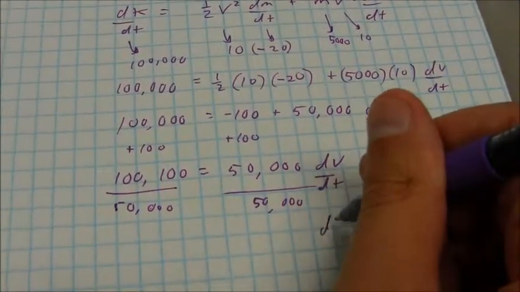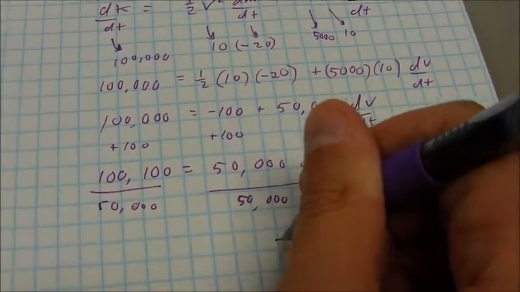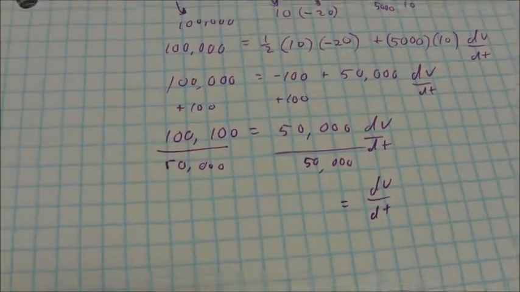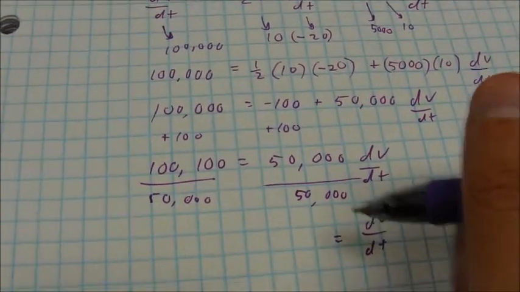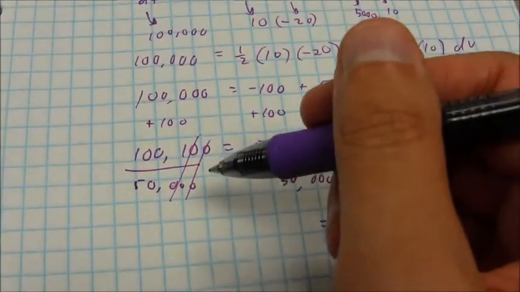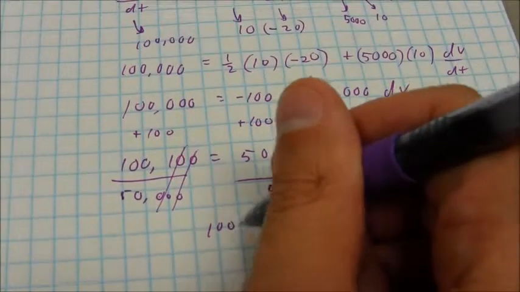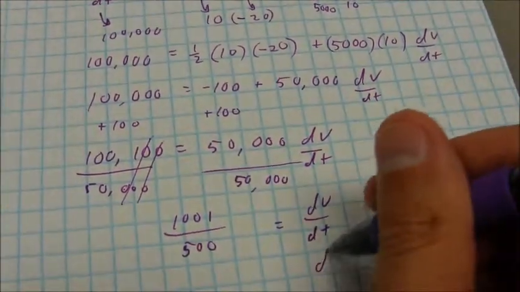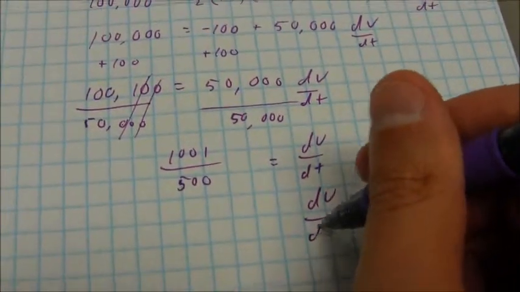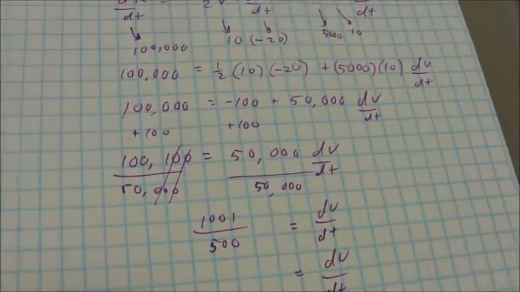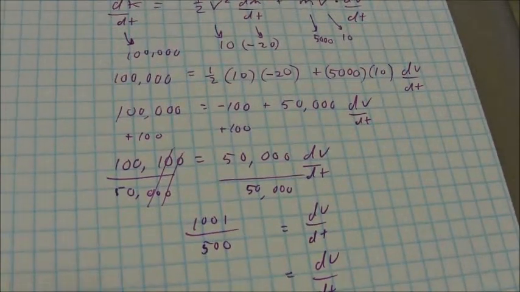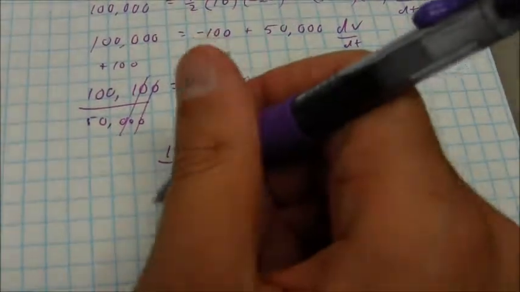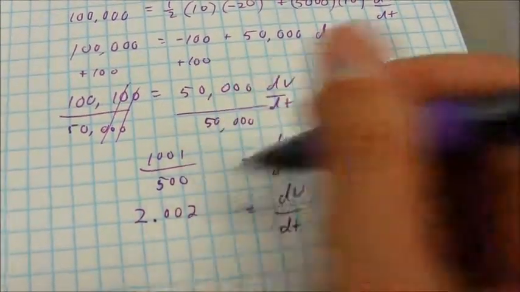And it looks like in this case dv/dt is going to end up equaling, I can cancel some zeros here, 101 over 50, and that's going to be approximately 2.02.